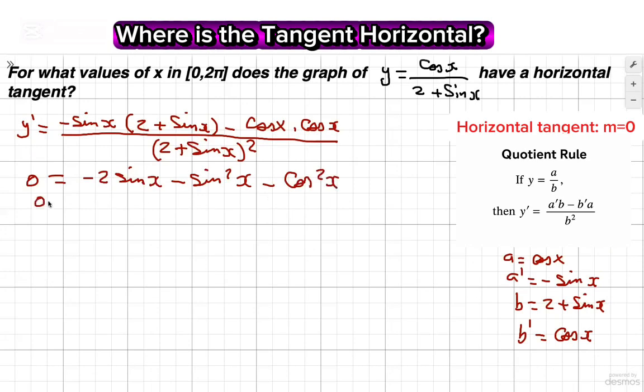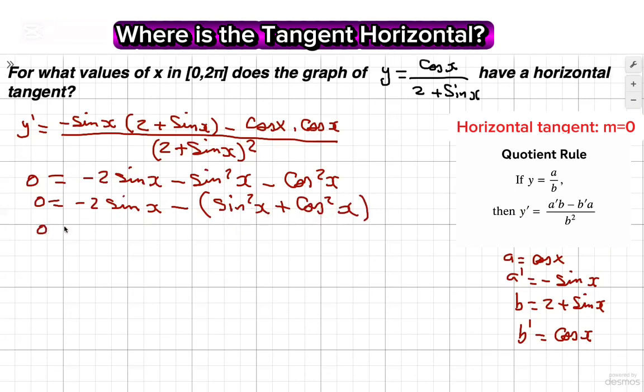This works out to be negative 2 sin x. You know what? I'm going to factor out a negative from these two here because I'm seeing that if I do that, I'm going to get 1. And that's the first Pythagorean identity in the trig section, which is sin squared plus cos squared is 1.